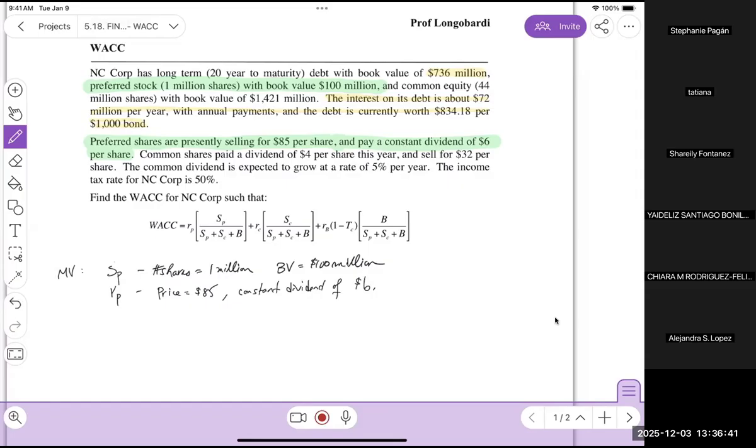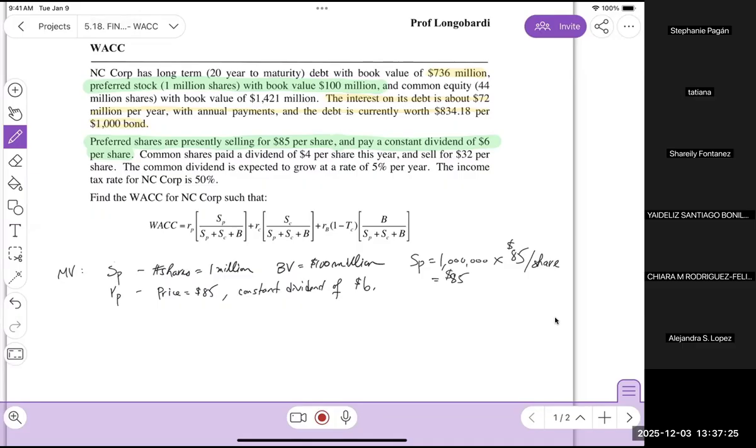How do I use that information? Where should I start? All I need, well, I have the price. Market value can be calculated by price and number of shares. Do I have those? Yes, I do. So I can calculate SP very easily. Right? So it's $85 million.